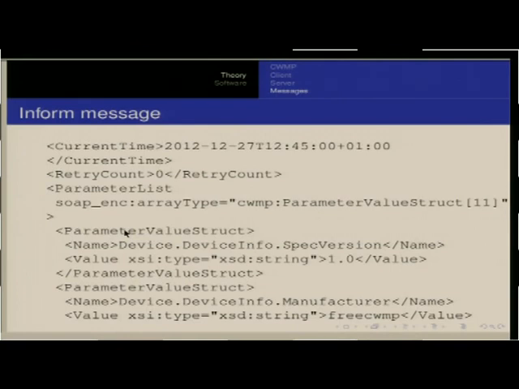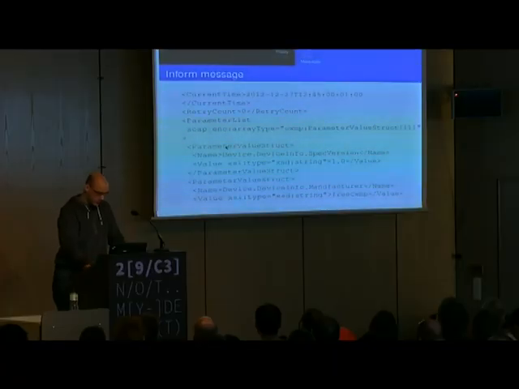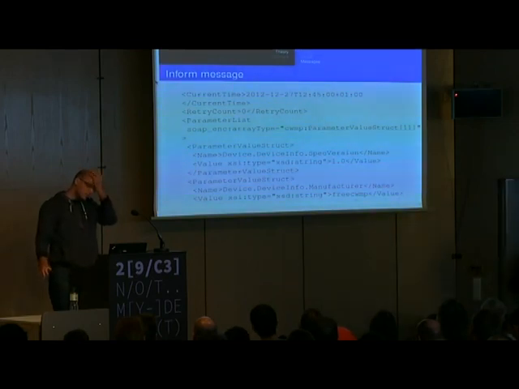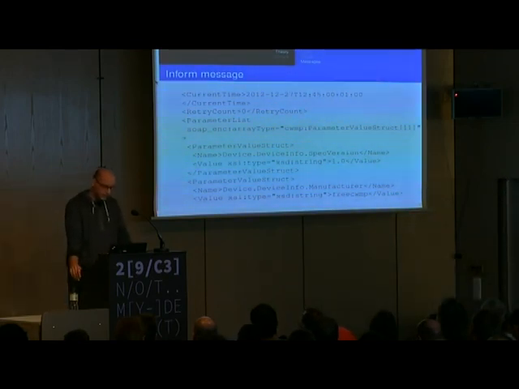Okay, this is the same message but continued. So you have time. You have retry count. It's a number of how many times the CP tried to connect to the ACS but failed.